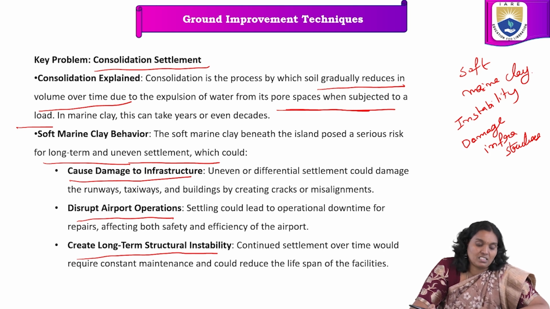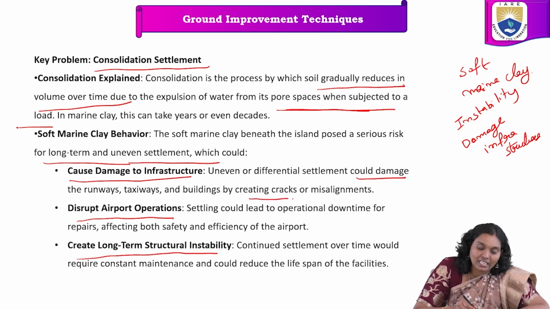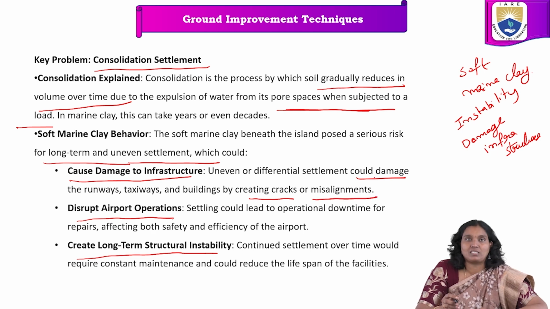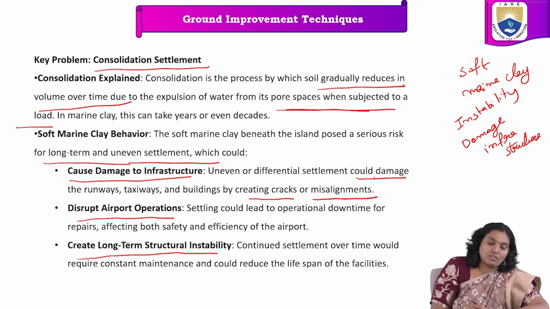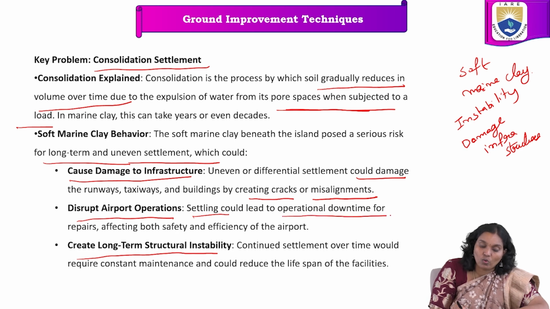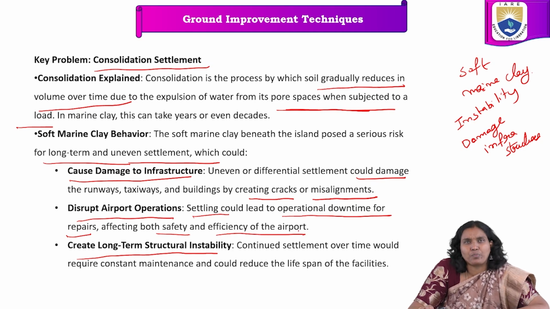Now, in causing damage to the infrastructure, uneven or differential settlement could damage the runways, taxiways, and buildings by creating cracks or misalignments. In disrupting airport operations, settling could lead to operational downtime for repairs, affecting both safety and efficiency of the airport.